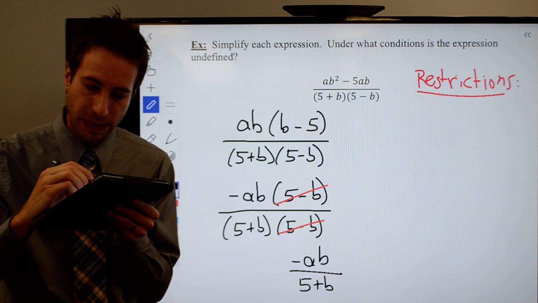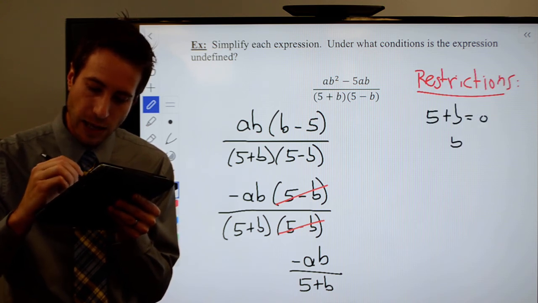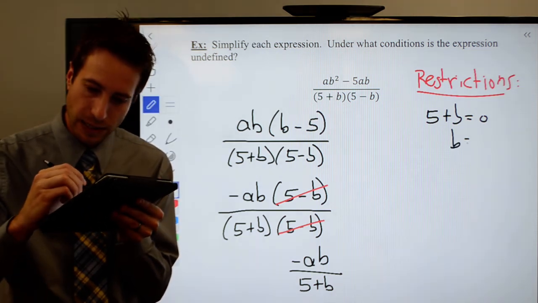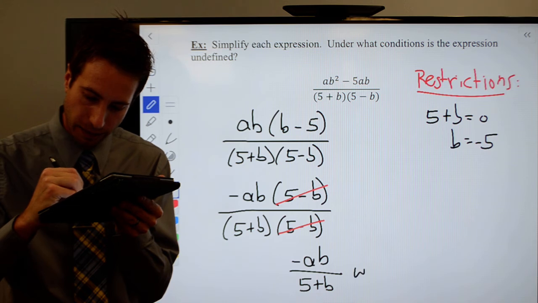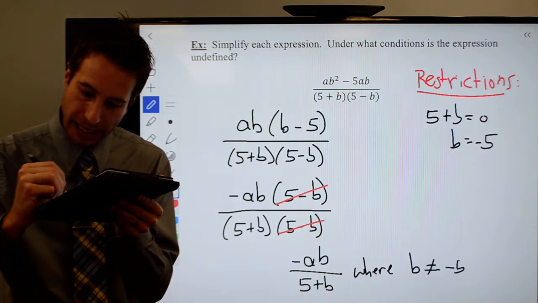I need 5 plus B to be equal to 0, which means B is equal to a minus 5, where B cannot equal minus 5.